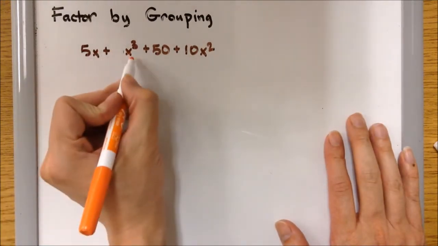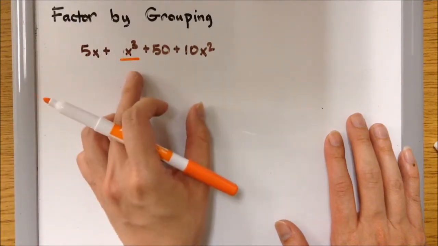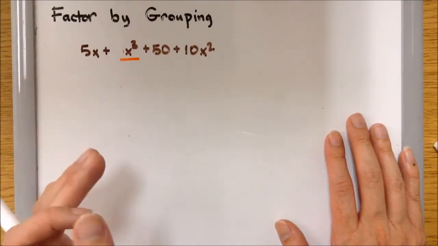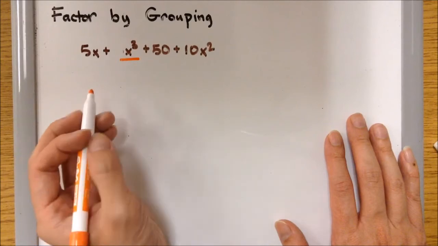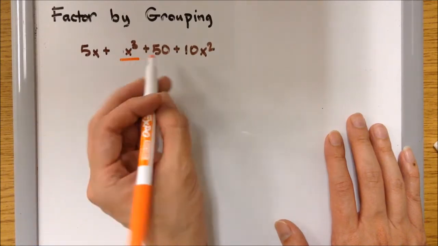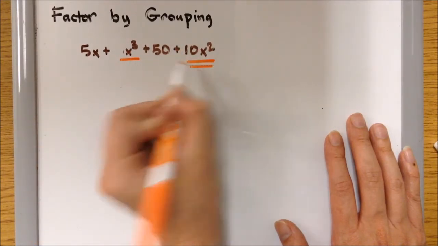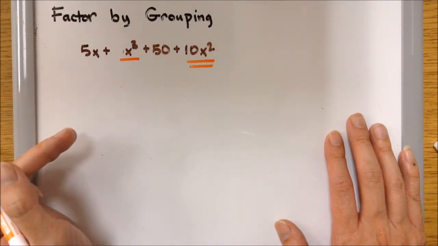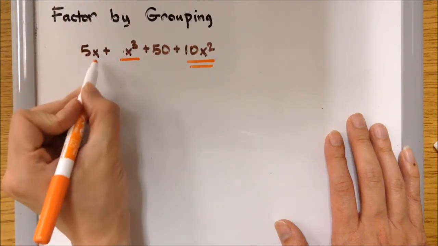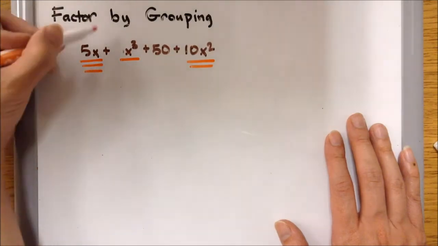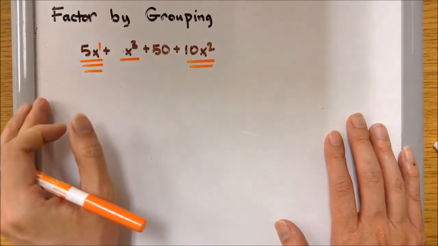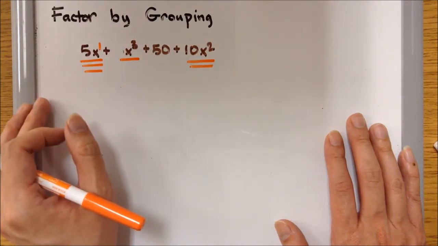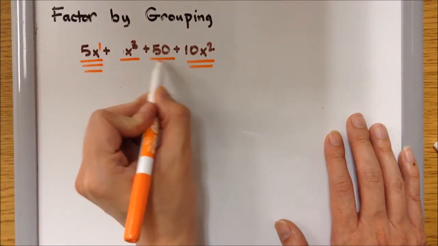So here's our highest exponent, and what comes next is counting down, which is 2. The only one that has the exponent of 2 is this. And then after 2 is 1, so the variable by itself, the invisible exponent, is this one right here. And then the constant number is the one that comes last.